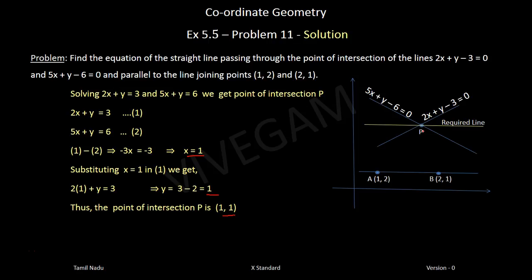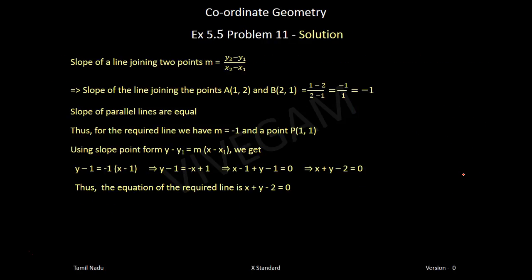Now we know the point P is (1, 1). Now we need to calculate the slope of AB, which is also the slope of the required line, as the two lines are parallel to each other. The slope of a line through two points is given by y2 minus y1 divided by x2 minus x1. So the slope of the line joining (1, 2) and (2, 1): this is x1, y1 and this is x2, y2.